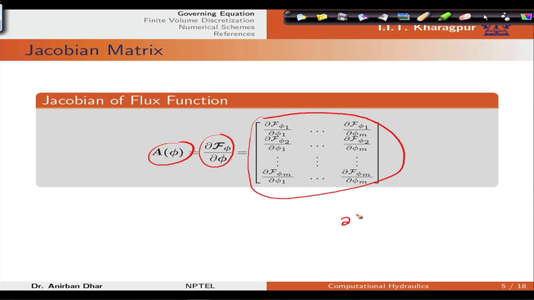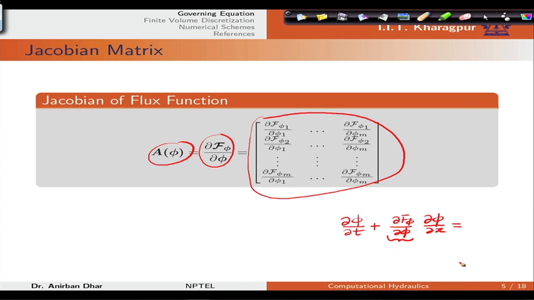If we look back to our finite difference lecture, we had d phi by dt plus del f by del x, and del phi by del x, where this term was there for a single variable.